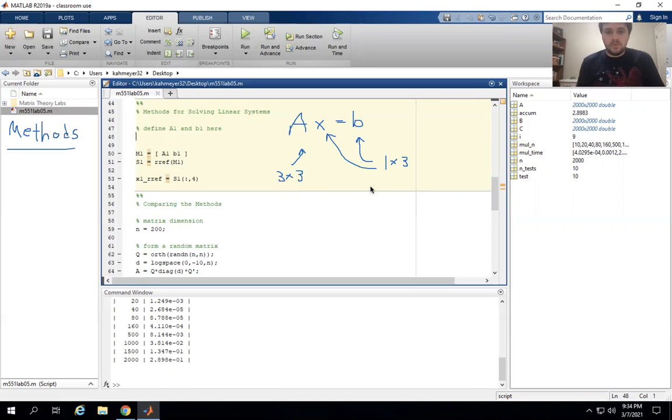But in general, we want to extend this to arbitrary size. We want this to be n by n, and this to be 1 by n, right?